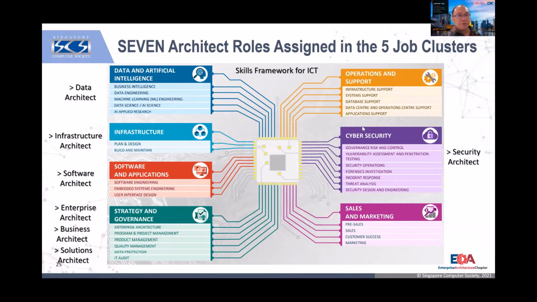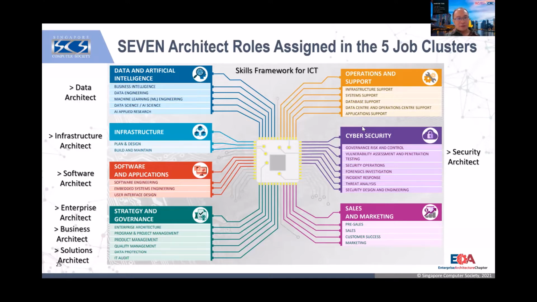So in infrastructure, they have the infrastructure architect. Of course, the infrastructure architect doesn't work alone. You can see in the structure that they work with a lot of engineers, with the hosting engineer, with cloud, with security, and so on. Then they have the software architect, also working with all the software engineers, with DevOps, with the agile team, and so on. Then they have strategy and governance.